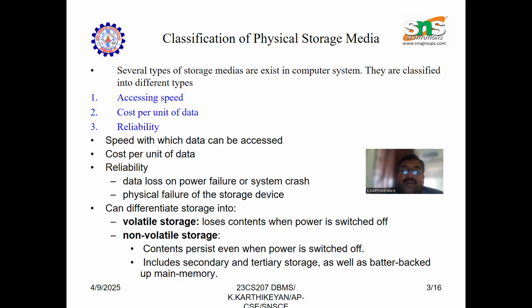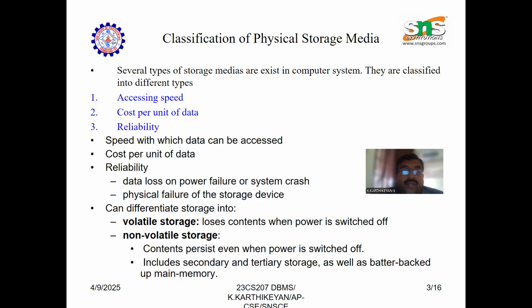Cost per unit of data means individual words, for example A, B, and C. For the overall file, how much data is required, how much data can be stored in a particular file, and how many days you can store your data. These things are required to be accessed.